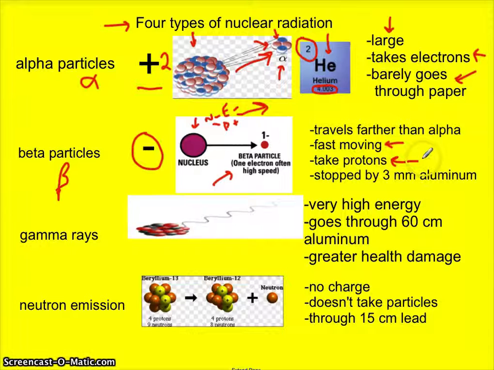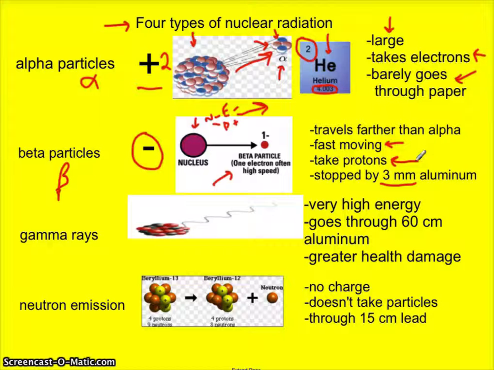But anyway, these beta particles are faster than alpha, but they are stopped fairly soon. If you take 3 millimeters of aluminum, that's not very thick. I mean, even if you were to put your finger and thumb together and put them as close as you can, that's probably in the ballpark of 3 millimeters of aluminum. And it's also 10 millimeters of wood, which is still just 1 centimeter, which is way less than an inch.